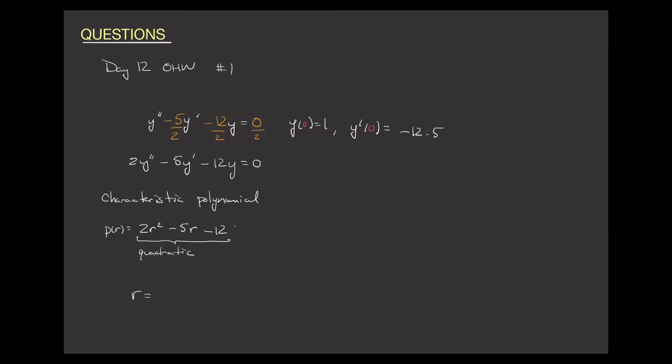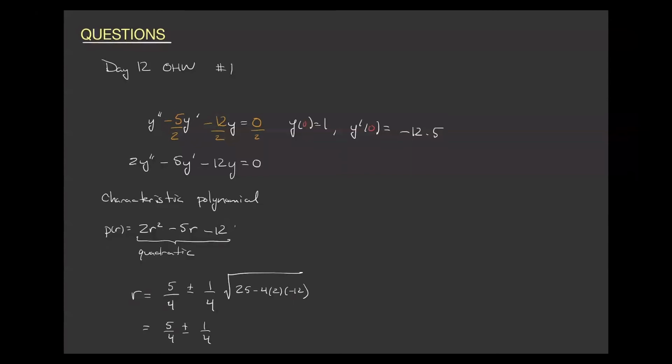So we have the roots are negative b, which is 5, over 2 times a, which would be 4 in this case, plus or minus, again, 1 over 2 times a. Then we have 25 minus 4 times a times c, which will give us 5/4 plus minus 1/4.